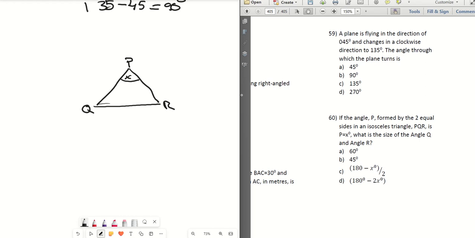Now, a triangle is 180 degrees, and if it is isosceles, this angle, let's call this Y, is also equal to this angle, Y. So we can say that Q and R are equal.